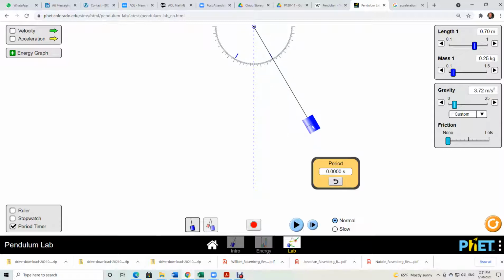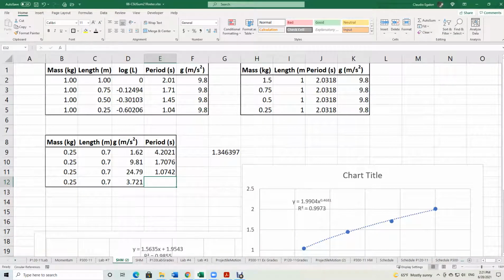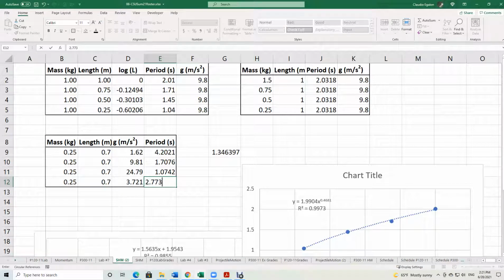Let's pause, start the period timer, start the simulation. 2.77. Did I say 30? Yeah, 30.